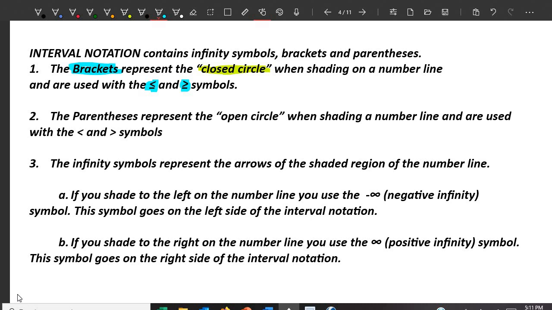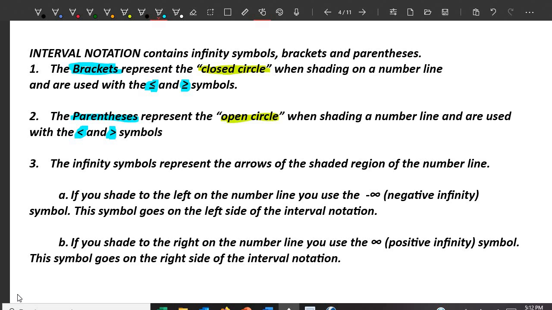The brackets have lines. A bracket is made up of 3 lines, so it's the equal to. Of course, our parentheses is going to have the open circle, and it's used for just the regular less than and greater than symbol.